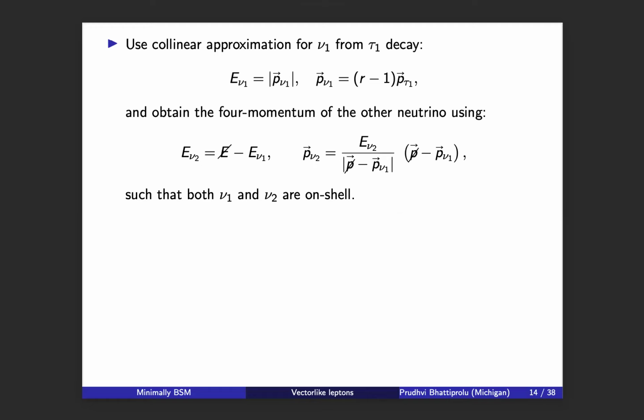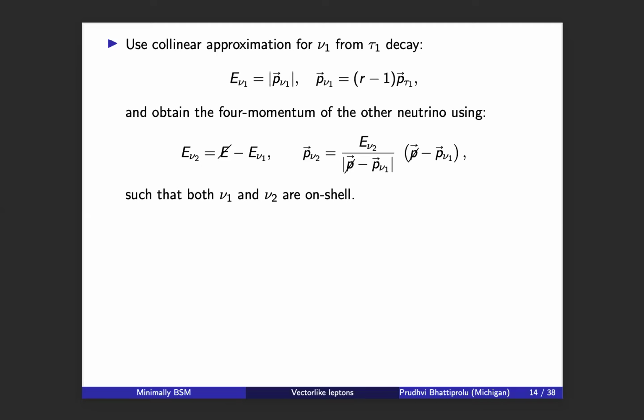As you were asking, we use the collinear approximation in order to reconstruct the missing neutrino 4-momentum. With the collinear approximation, you have a handle on the 4-momentum of nu1 up to a free parameter r, which is the momentum fraction taken away by the neutrinos. You'd still have to solve for that.